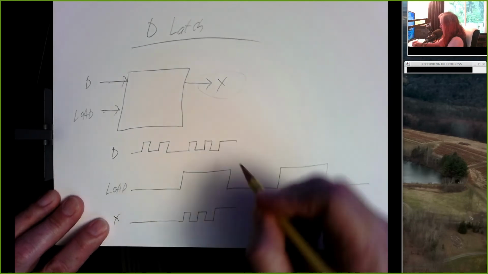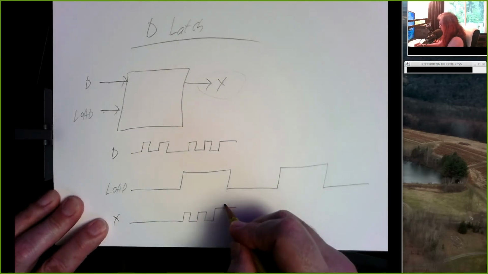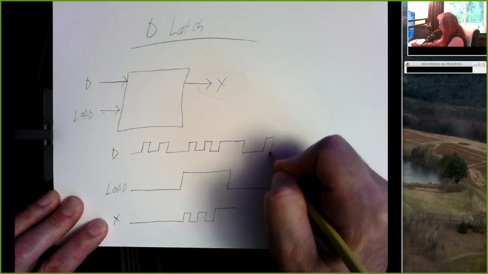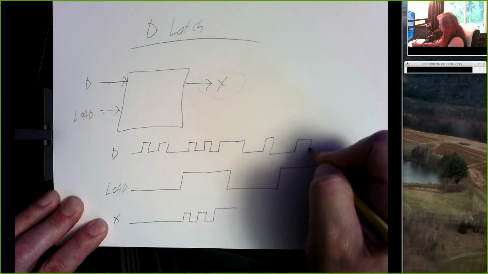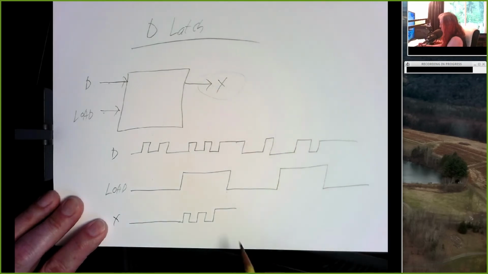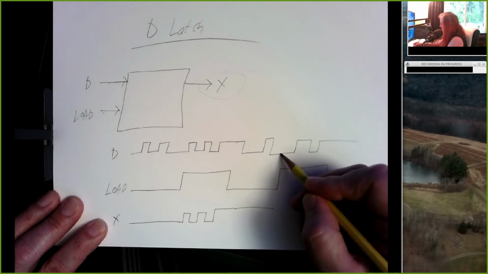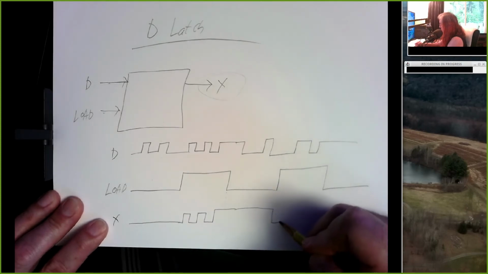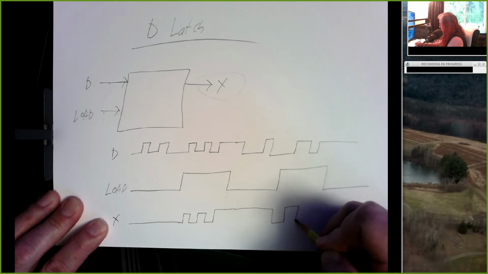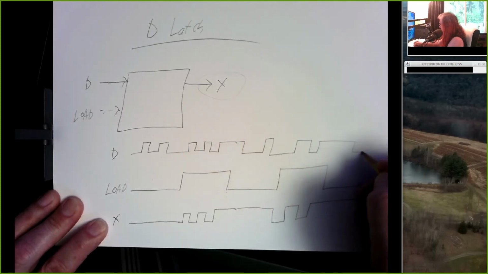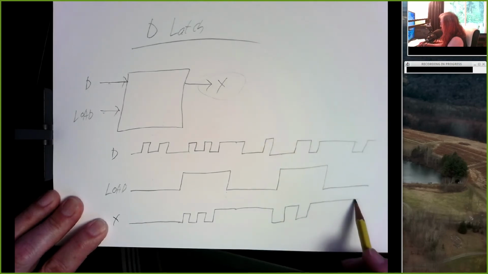And then when the load line drops, whatever the current value of the output is, that's the value that's stored, and the D input is ignored again. And then when the load line goes high, whatever the D input is, that's what the output becomes. And it will match. And then when the load line goes low, the D inputs are ignored again.